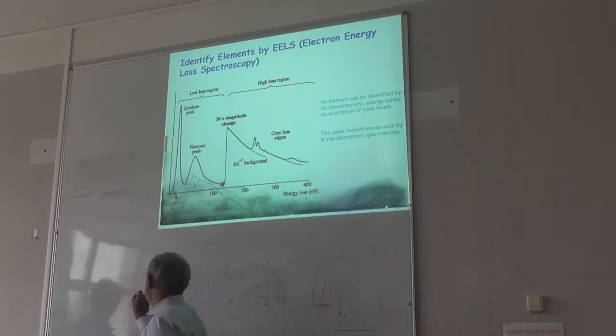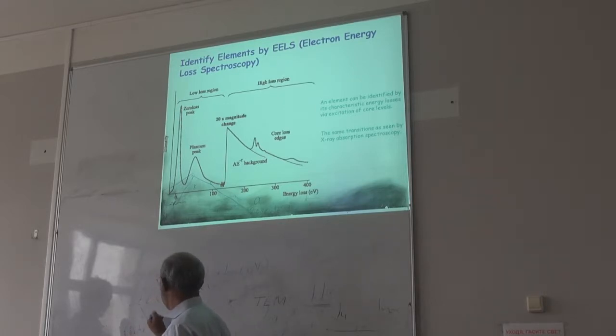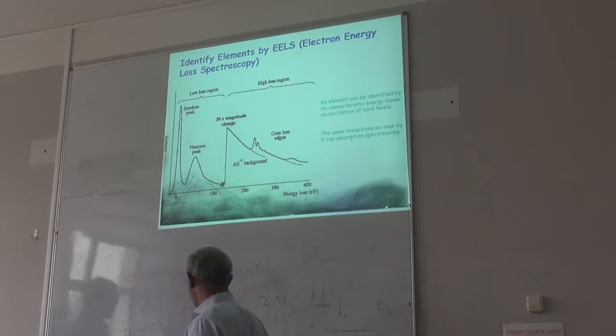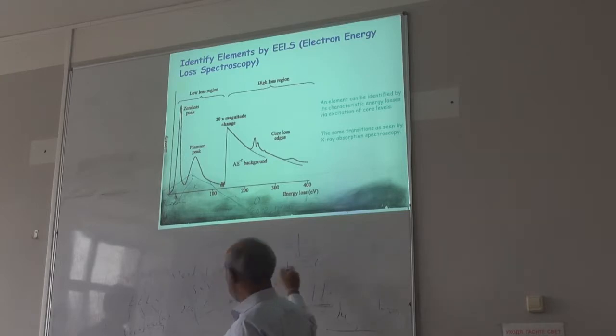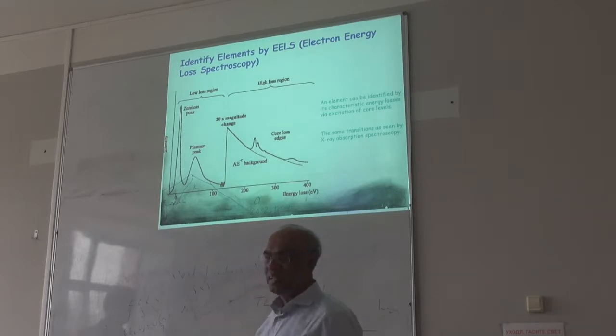Yes, for the EELS, for the energy. So this means electron energy loss spectroscopy. That means if you have an electron coming here, when it passes through the specimen, it interacts with atoms, right?